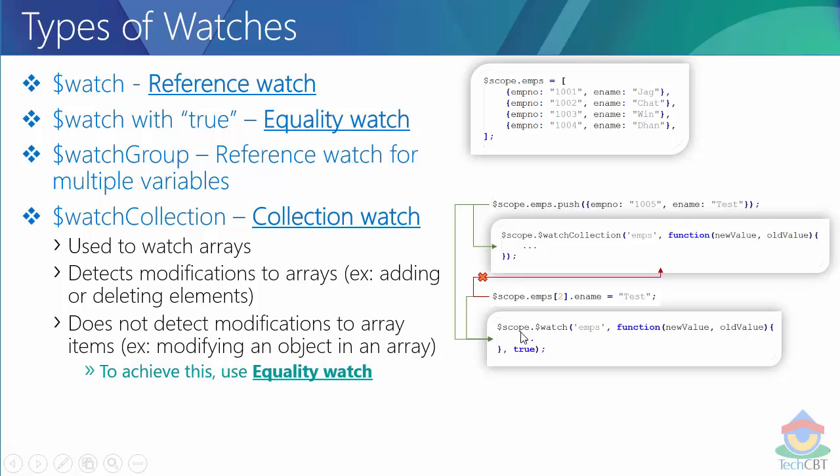So if you really want to know all the modifications of an array, regardless of whether it is at the collection level or the property level, you can just use your deep watch or equality watch. There are online tutorials which say that equality watch can also be called a deep watch. So you can use either of those two words.